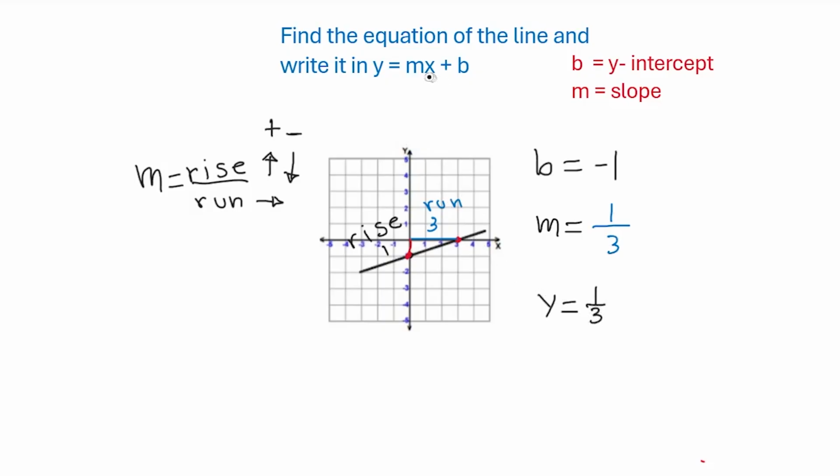Then if we look back at this equation, it says x, this is multiplication by the way, 1/3 times x, and then plus b. B is gonna be either positive or negative. In this case, the sign now we can see it's gonna be -1. And that's how we get the equation of this line.